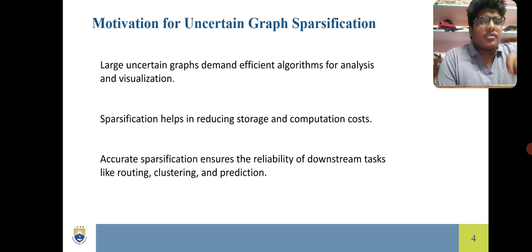Accurate sparsification ensures the reliability of downstream tasks like routing, clustering, and prediction. Sparsification also maintains probabilistic connectivity between nodes, preserves key structures like shortest paths and cuts, and balances fewer edges, that is sparsity, against accuracy.